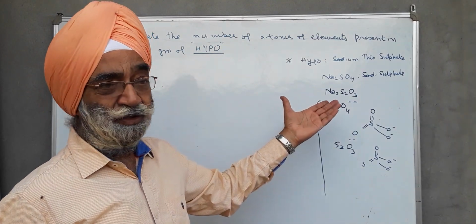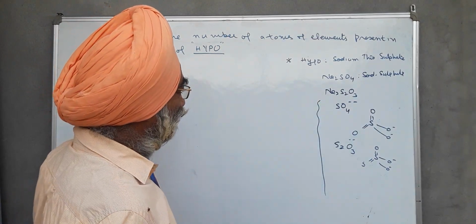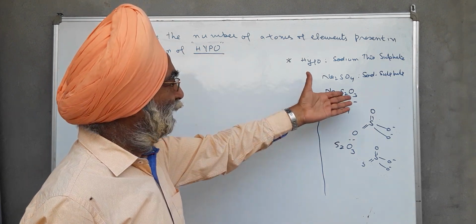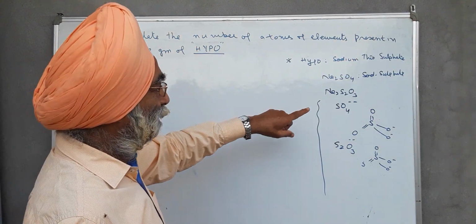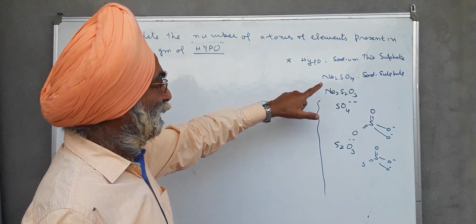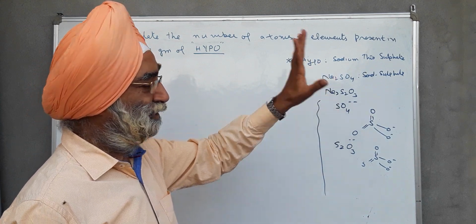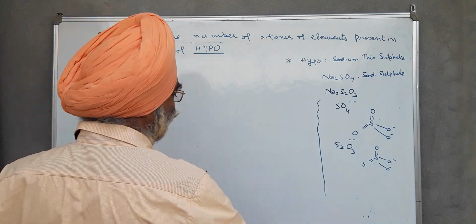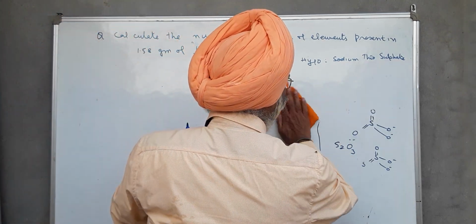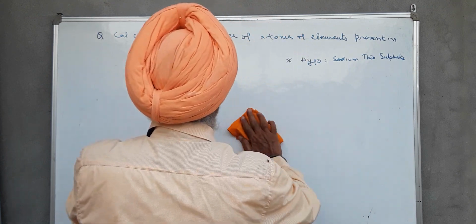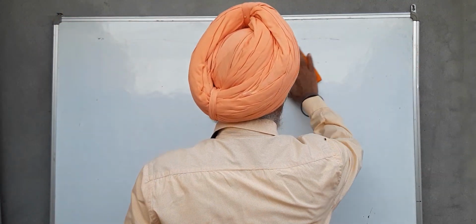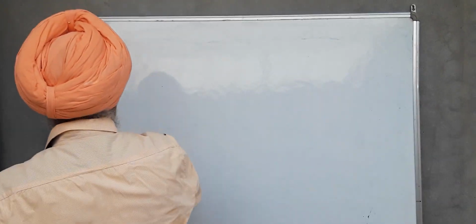You can use the given number of moles, weight over molecular weight, and find out the number of sodium, sulfur, and oxygen atoms. So you may take this as an assignment. Calculate.